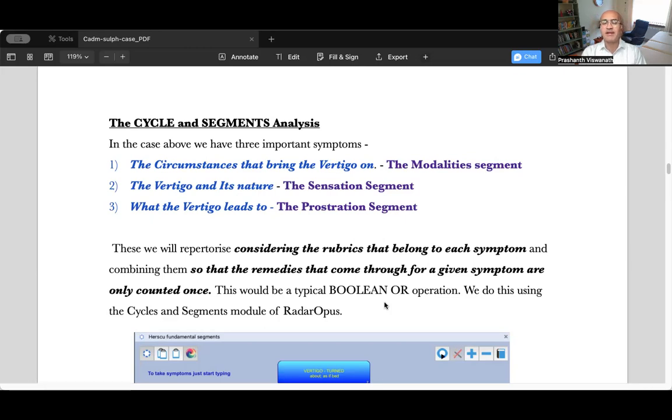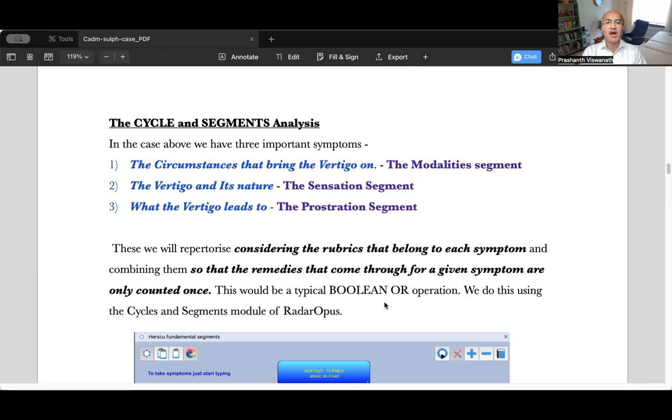That one modality was what brought the vertigo on. Then I considered the vertigo itself, and then I looked at another aspect of the case, what the vertigo led to. Now, these three separate aspects of the case are known in the cycles and segments way of looking at the case as segments.